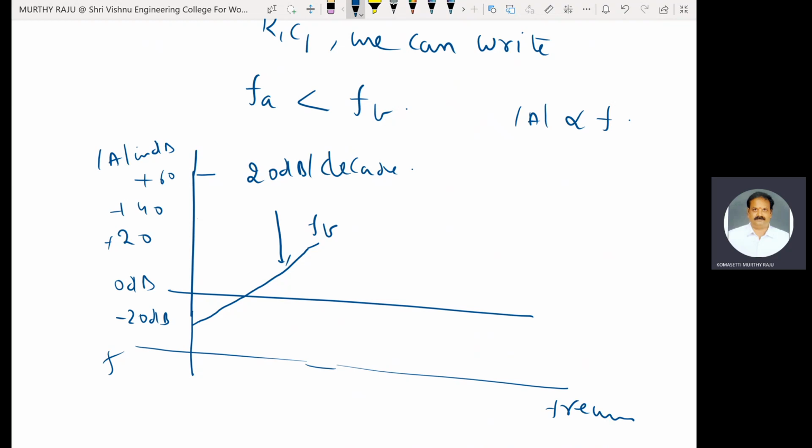However, after FB, the gain decreases at the rate of 20 dB per decade. This is increasing in gain.